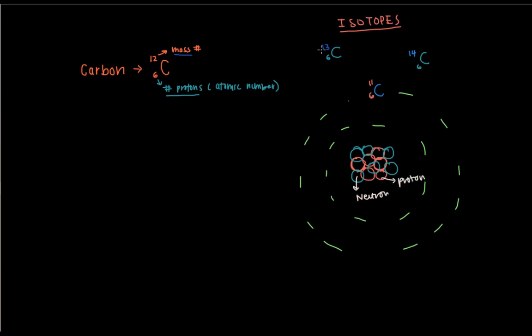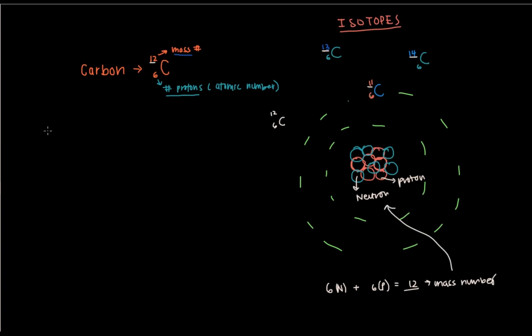Right now this one is carbon 12-6, which means that there are basically 12 things in the middle. We have 6 neutrons plus the 6 protons, which gives the 12 that we get as our mass number in the middle. This is our mass number.